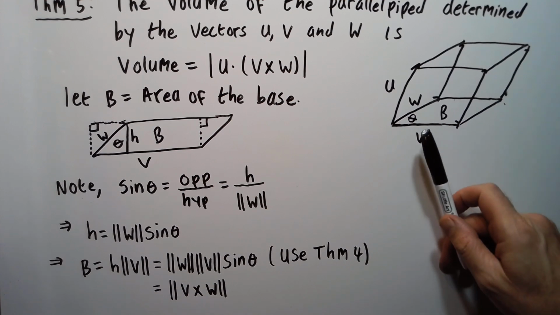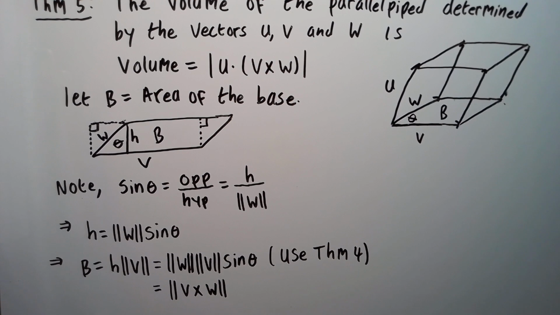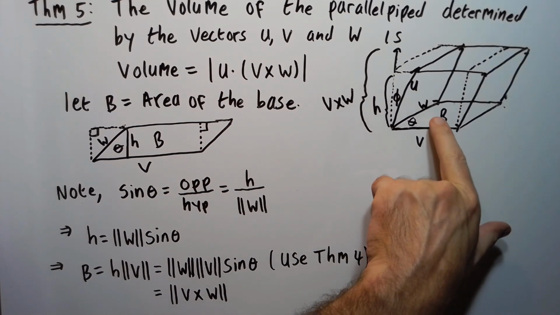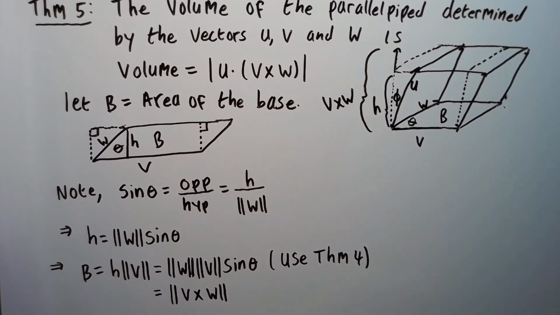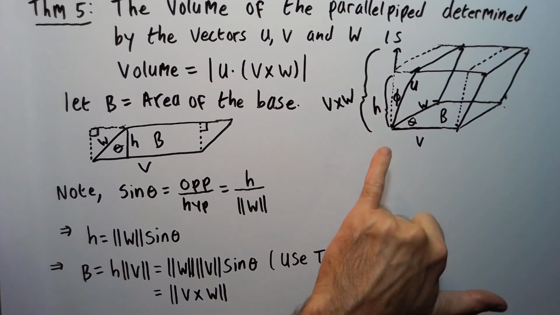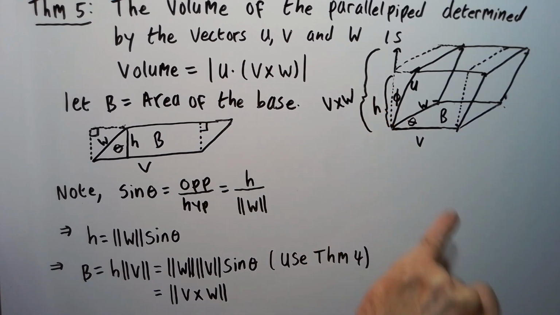Okay, so now I'm going to make some cuts in my parallelepiped. I've drawn a few things here. The first thing to note is v cross w, which I've written here, will produce a vector that's perpendicular to both v and w, so it's going to be pointing up this way. So it'll be 90 degrees between this vector and w and v.